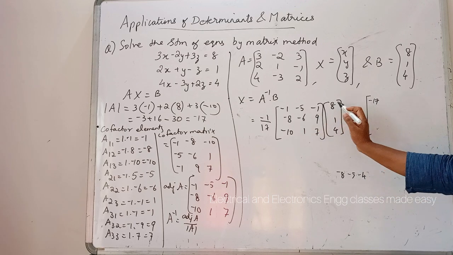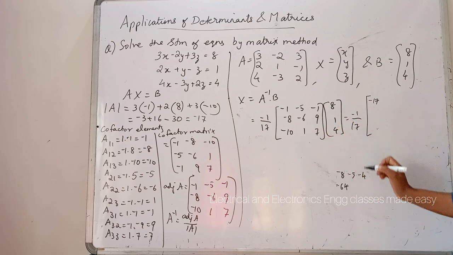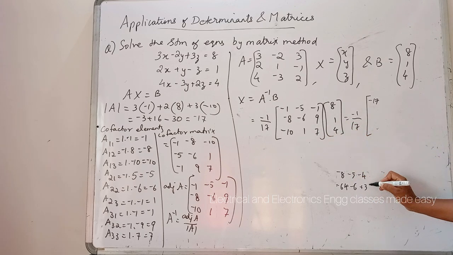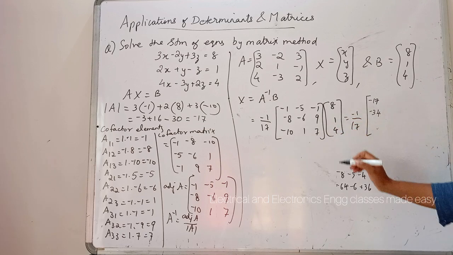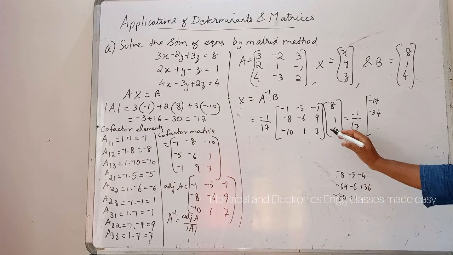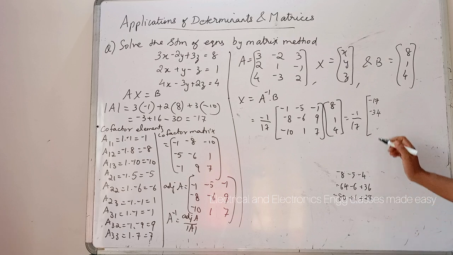Then minus 8 into 8, that is minus 64, then minus 6, then plus 36, that is minus 70 plus 36, that is minus 34. Then next is minus 80, then plus 1, then plus 28, that is minus 80 plus 29, that is minus 51.